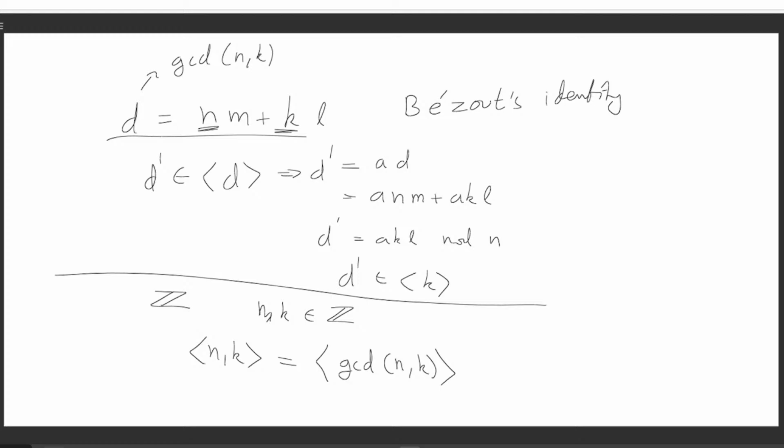That proves this. So what is meant by the subgroup generated by n and k in an abelian group? Any integer linear combination of n and k. So these elements are exactly of the form an plus bk.